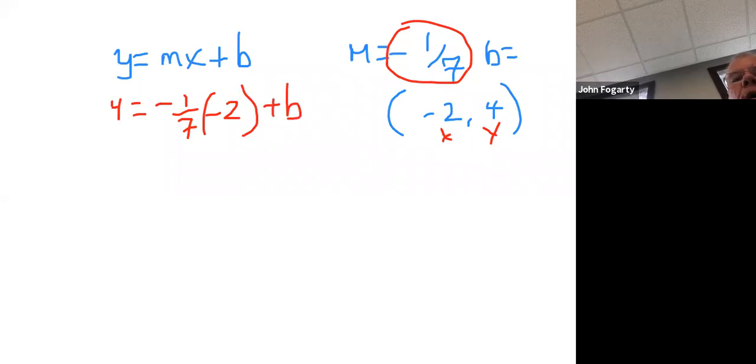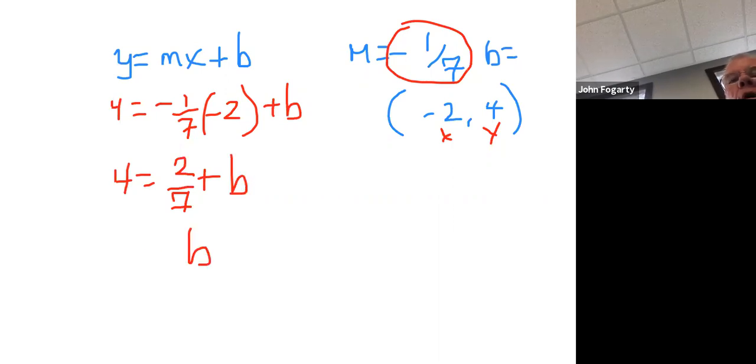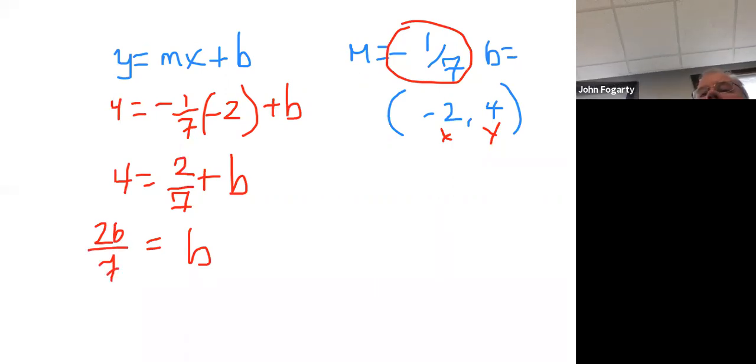And now I just simplify. 4 equals, well, -1/7 times -2 is 2/7, plus b. Get b by itself. Well, 4 with 7 as a denominator is 28/7. Minus 2/7 is 26/7. All righty.